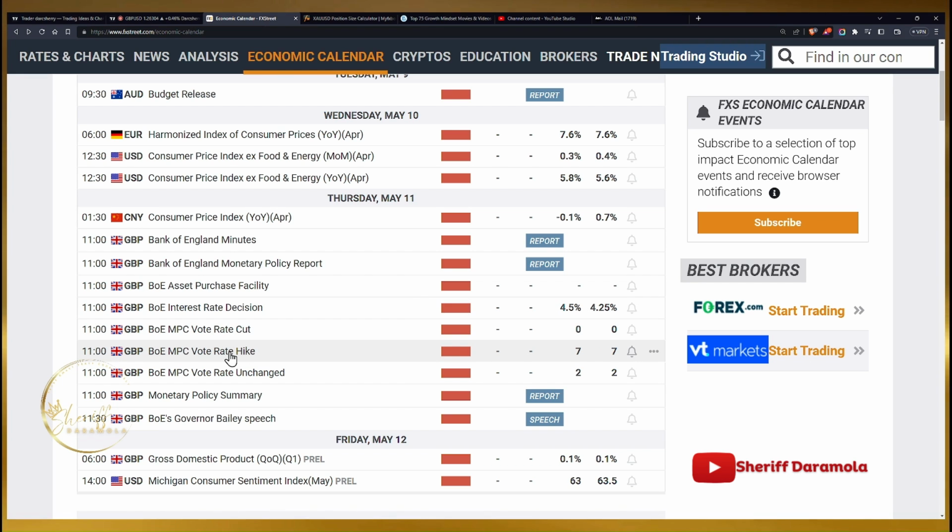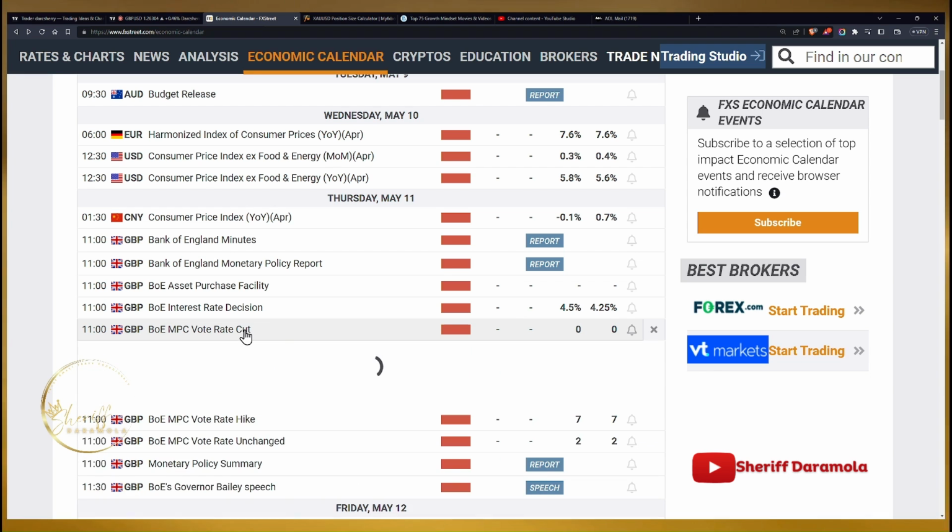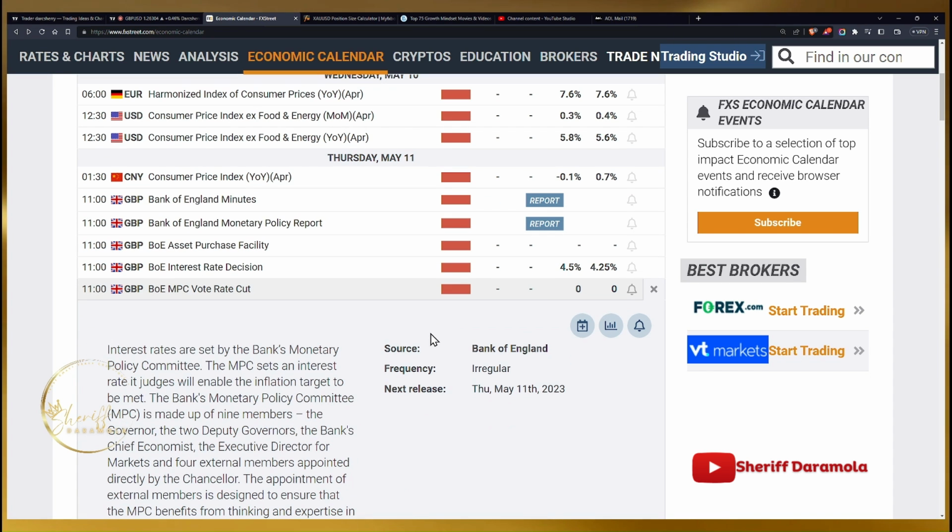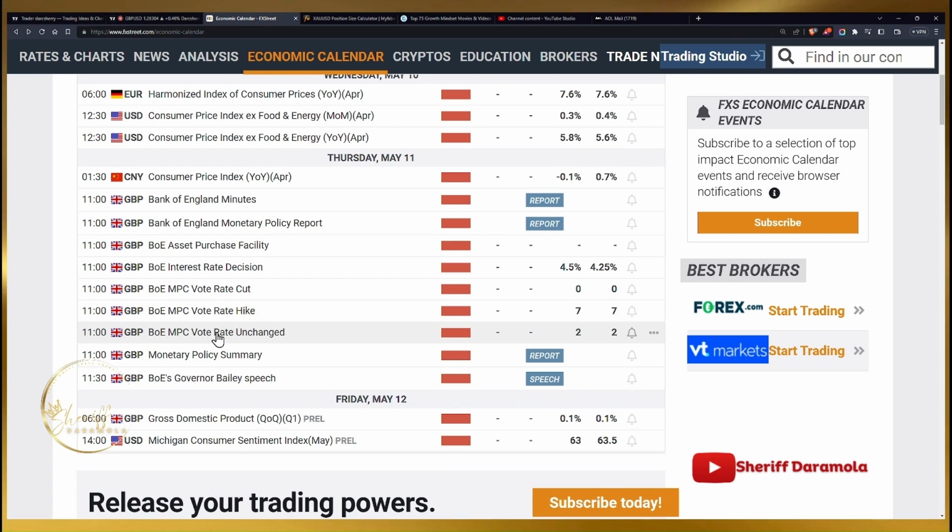Then we also have the MPC vote rate cut, which is set by the bank's monetary policy committee. So the MPC sets an interest rate it judges will enable the inflation target to be met. Then we also have the vote rate hike, the vote rate unchanged. Then we have the monetary policy summary.